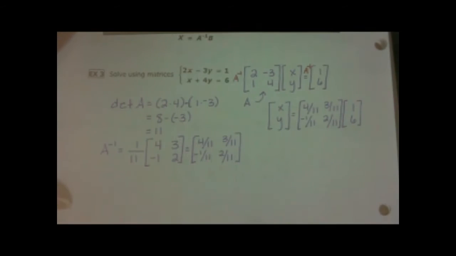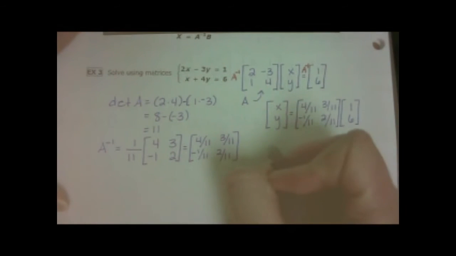And they have to be in this order because they don't multiply in the other order. So now let's go ahead and do that multiplication. So remember, this row times this column. So I've got 4/11 times 1 plus 3/11 times 6.